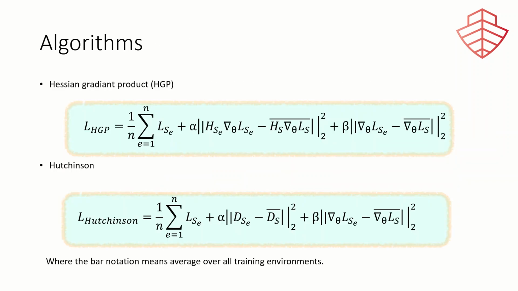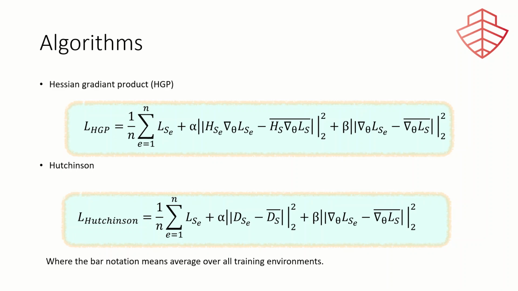To align Hessians and gradients, we propose two techniques, namely HGP, or Hessian gradient product, and Hutchinson. The HGP aligns the Hessians indirectly by aligning the multiplication of the Hessians and gradients. We assume that if the gradients are aligned, then to align the Hessian and gradients, the Hessian also needs to be aligned.